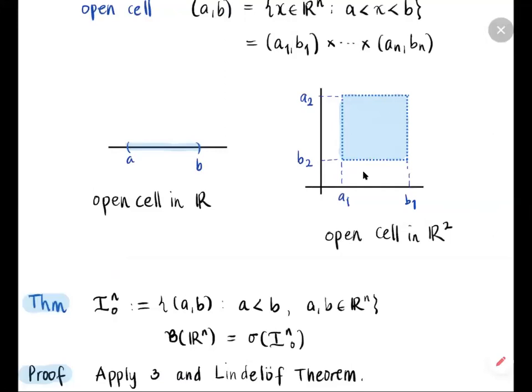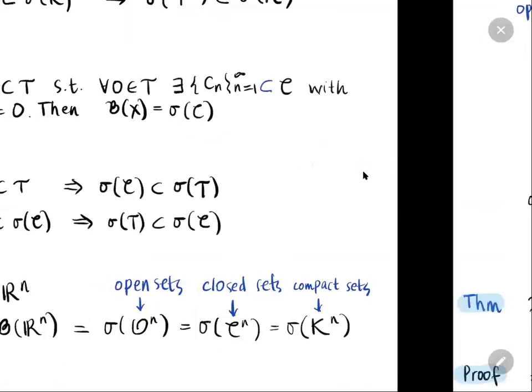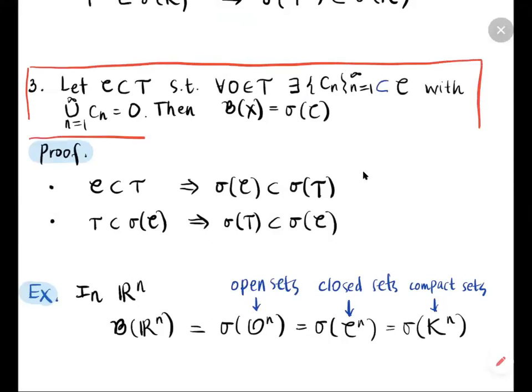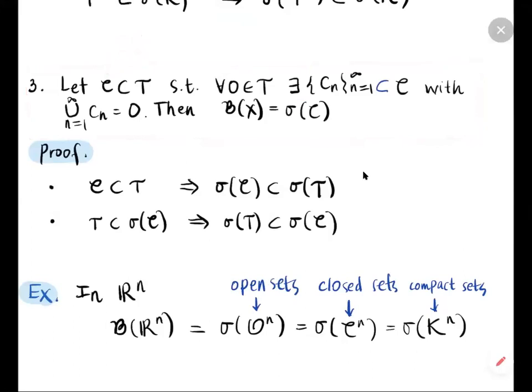The proof here is only one line. You apply part 3 and the Lindelof theorem. Let us recall what part 3 is. In the current situation, C is the collection of open cells. Then we would like to ask if every open set in Rn can be written as a countable union of open cells.